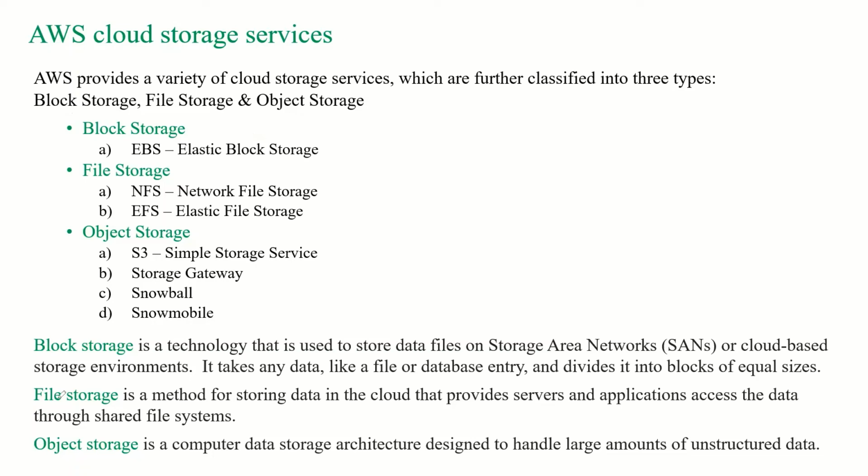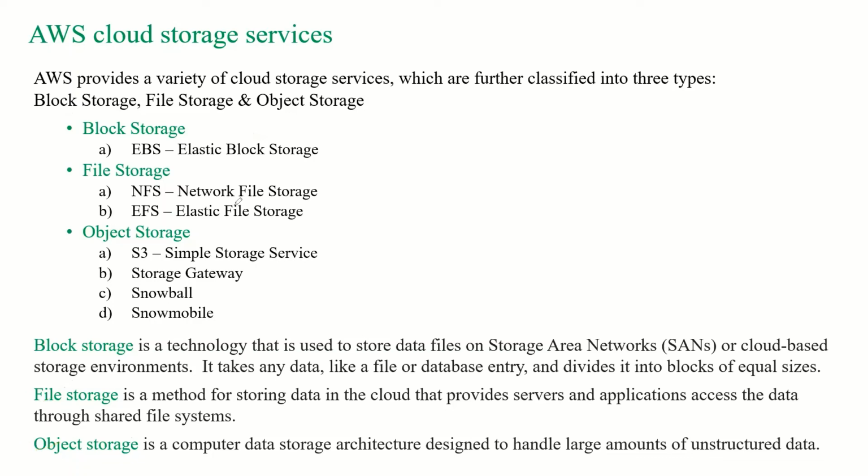File level storage is a method of storing data in the cloud that provides servers and applications access to the data through a shared file system. Today, we will perform a lab exercise on each topic so that you will be able to understand in detail how these storages work.